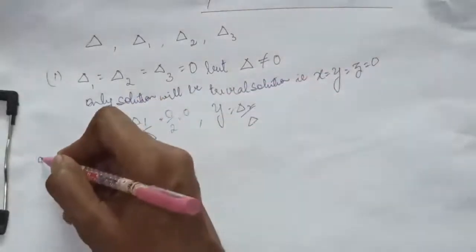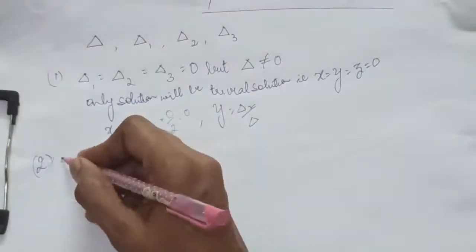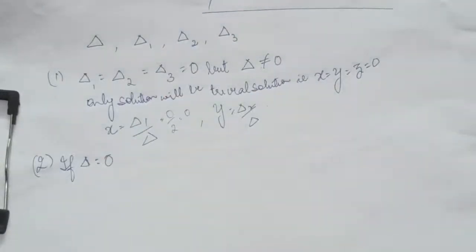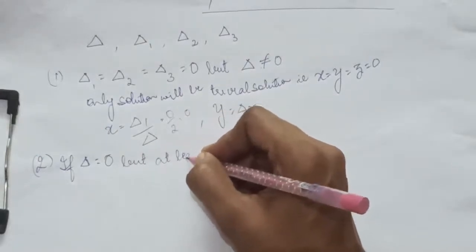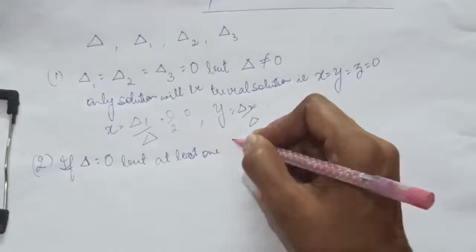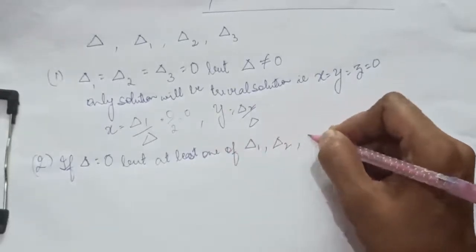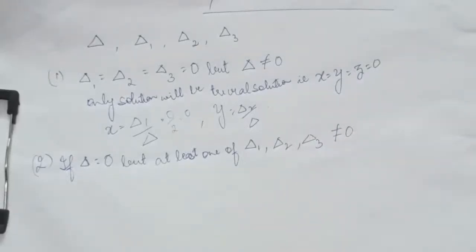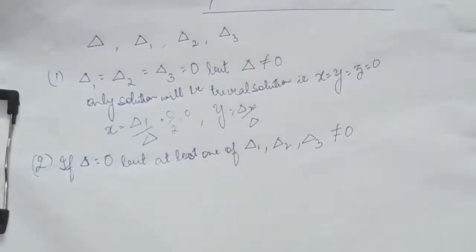Coming to the second special case in Cramer's rule, if your delta comes out to be 0, which is the opposite of the first point, but at least one of delta 1 or delta 2 or delta 3 is not equal to 0. Earlier we said all were 0, this is fully opposite.